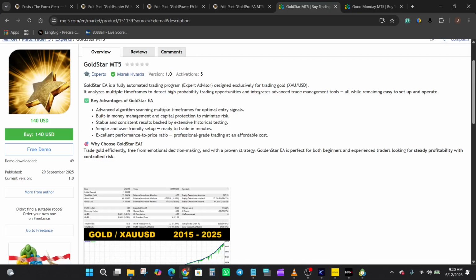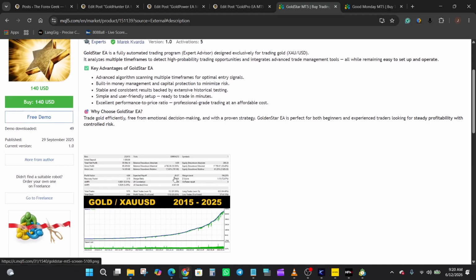All right, moving into the backtesting discussion, the marketplace page mentions extensive historical testing and refers to stable and consistent results. However, the actual strategy tester reports, testing dates, modeling quality, and testing methodology, of course, need to be examined.